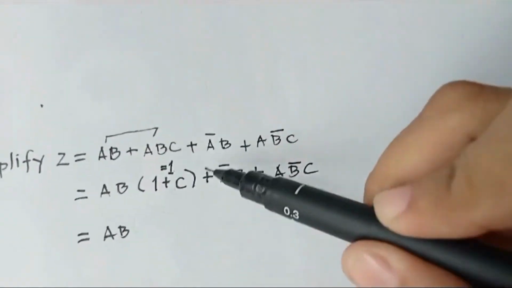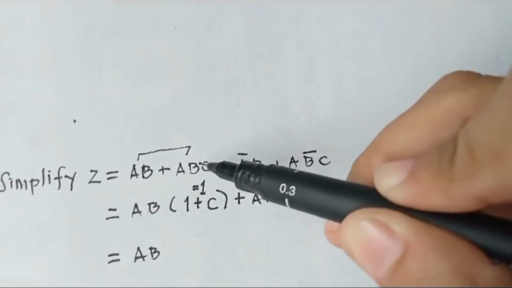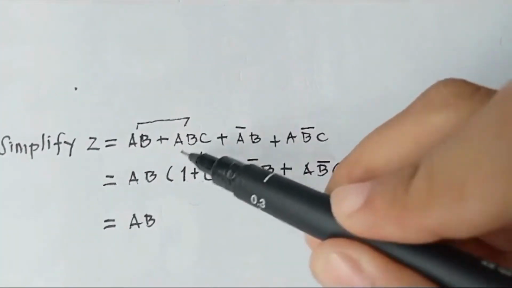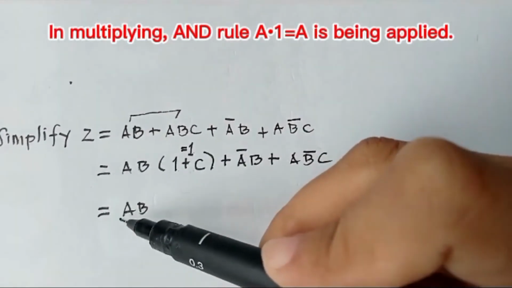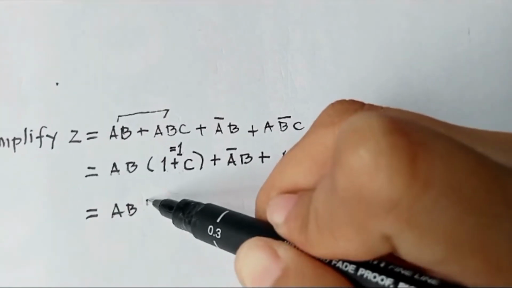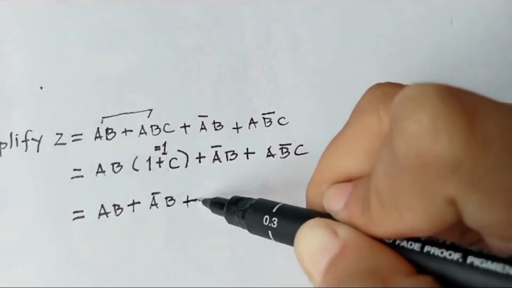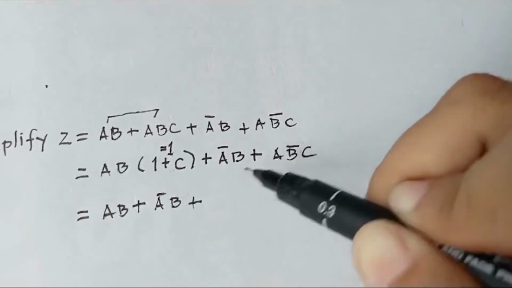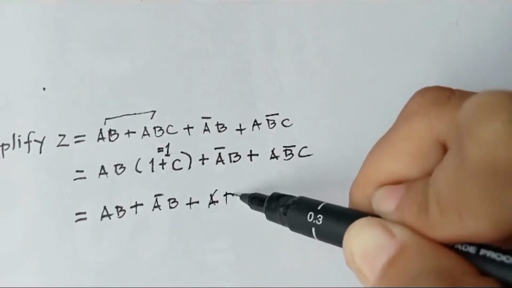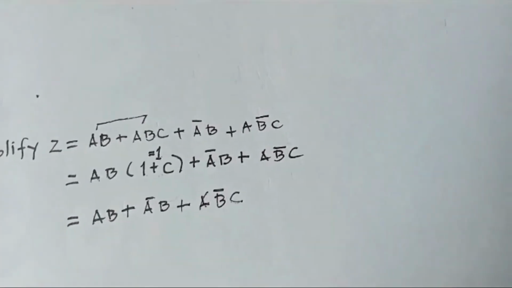So 1 plus C is equal to 1, and AB multiplied by 1 is equal to AB, plus A bar B plus this AB bar C.